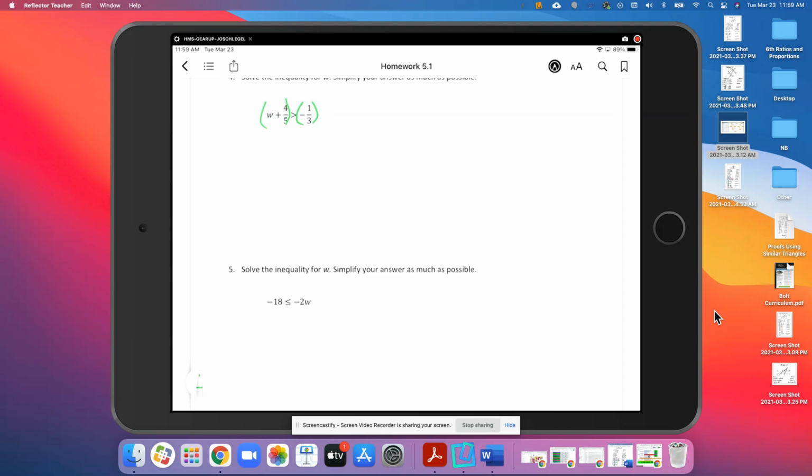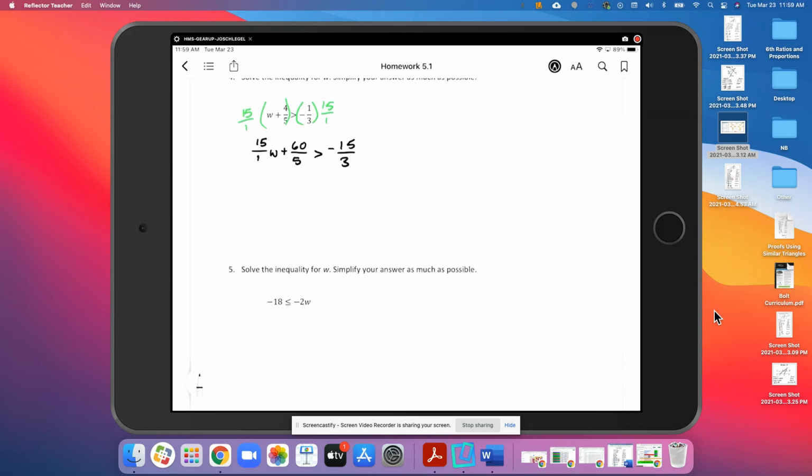I know that 5 and 3 both go into 15, so I will multiply both sides of this inequality by 15 over 1. And you will see that I get 15 over 1 w plus 60 over 5 is greater than negative 15 over 3.